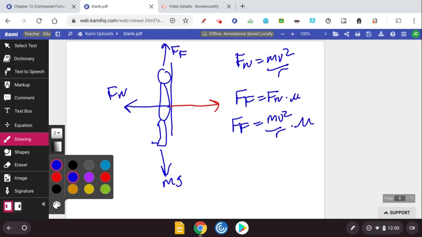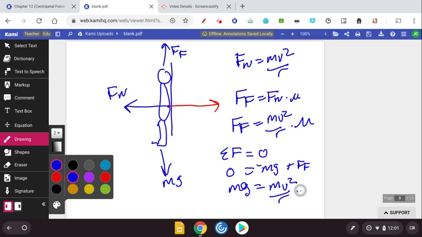And we said that we want to be held in balance here, so the sum of the forces would equal the weight down plus the frictional force up. Or in other words, the mg has to equal mv squared over r times mu.